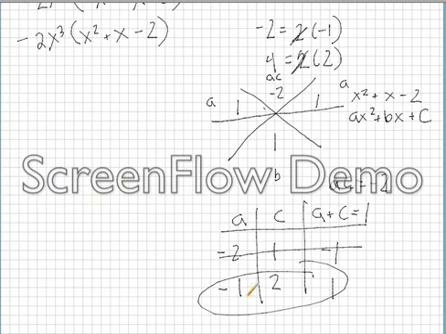So what I'm going to do with these is I'm going to take this one, and I'm going to put it up here. And then I'm going to take this one, and I'm going to put it up here. Then I'm going to put an x next to the terms on the right and left side over here on the top.